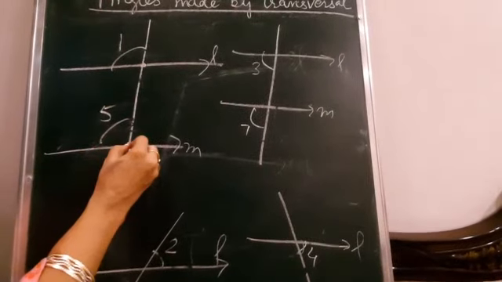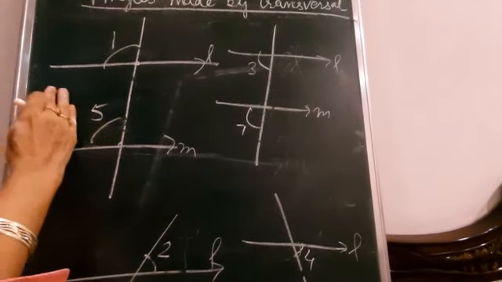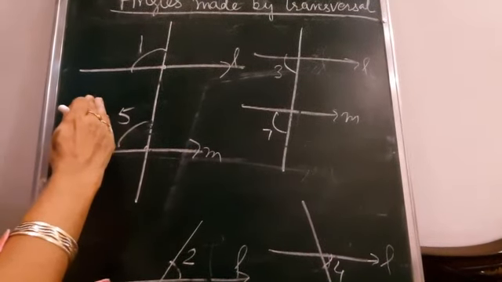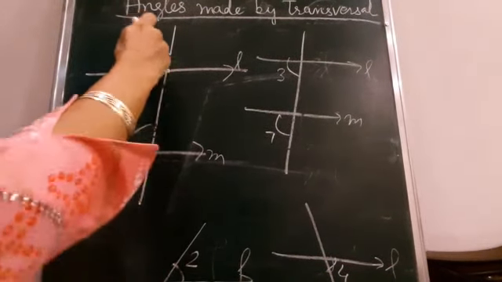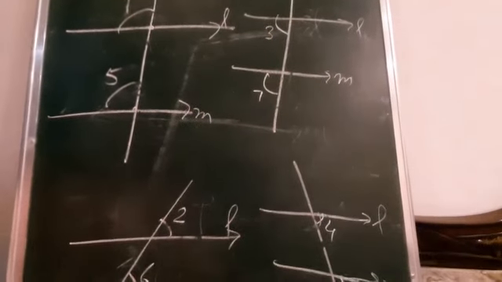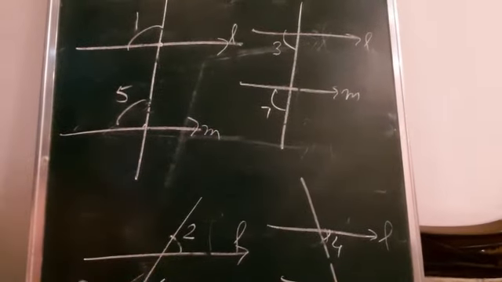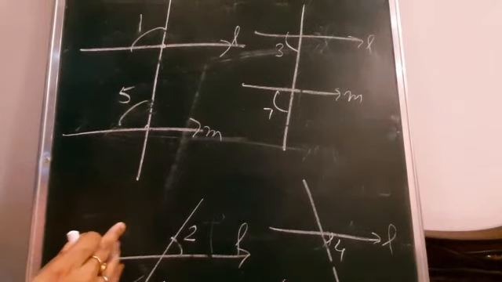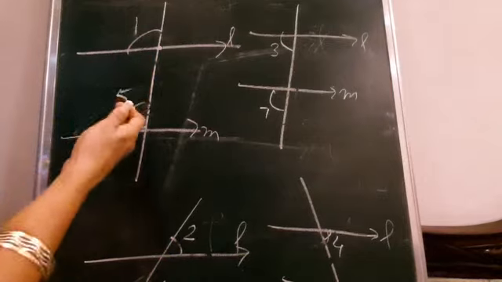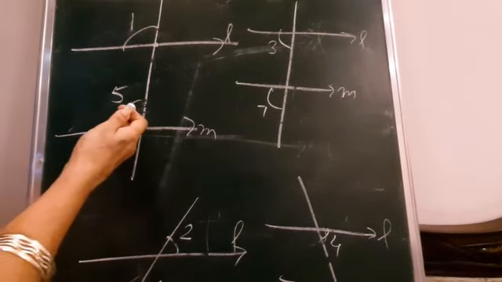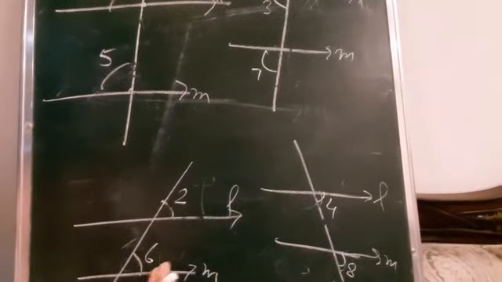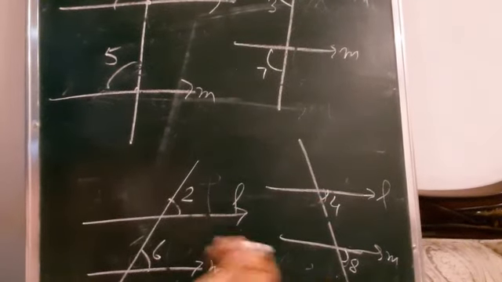Vertices must be different. Second thing, on the same side of transversal. And third thing, position must be same, like both are above, both are down. So these three conditions must be applied on the angles made by transversal. This pair of angles is corresponding. 3 and 7 are corresponding, 2 and 6 are corresponding angles, 4 and 8 are corresponding angles.